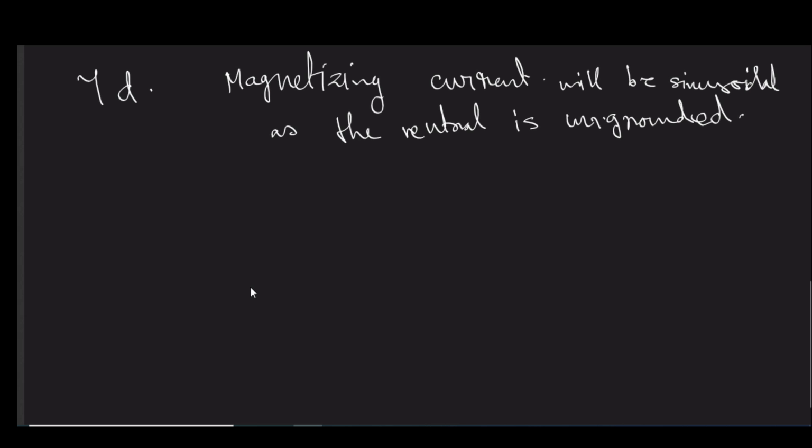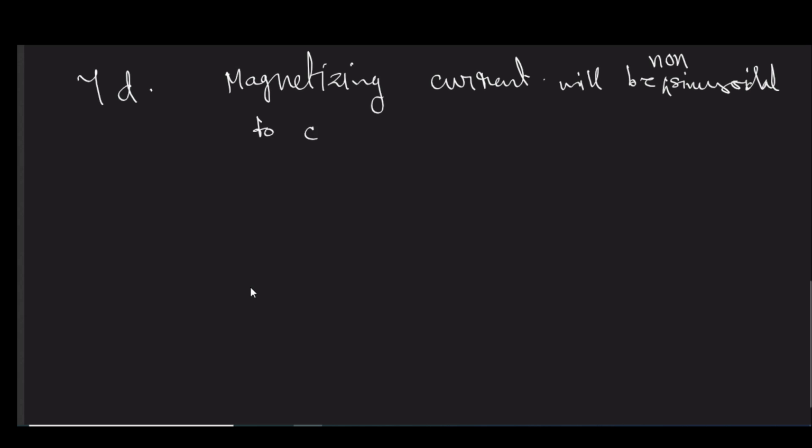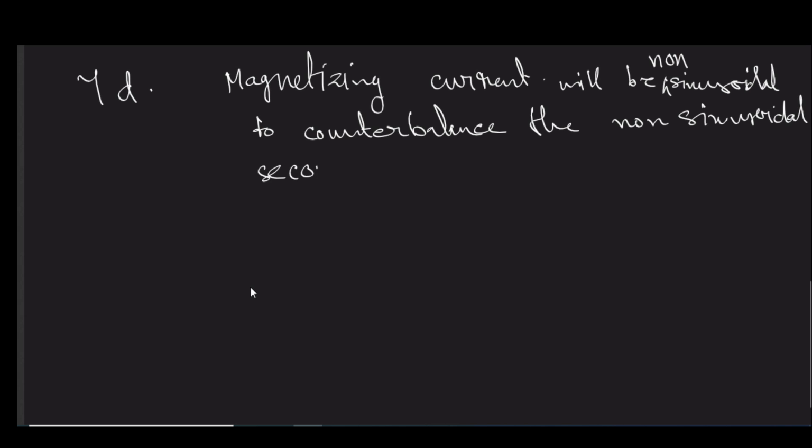Now if a third harmonic current is flowing through your secondary, you know that the secondary current will produce a demagnetizing action, and the primary must compensate that demagnetizing action. So in turn, the primary current will be non-sinusoidal to counterbalance the non-sinusoidal secondary current.